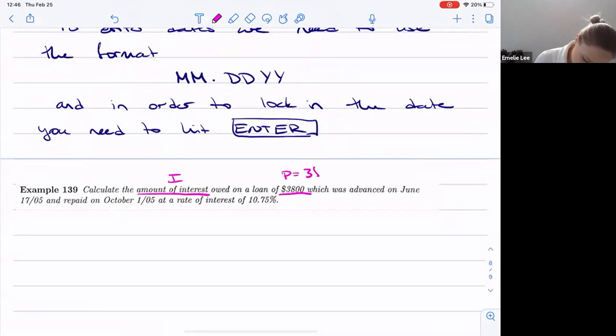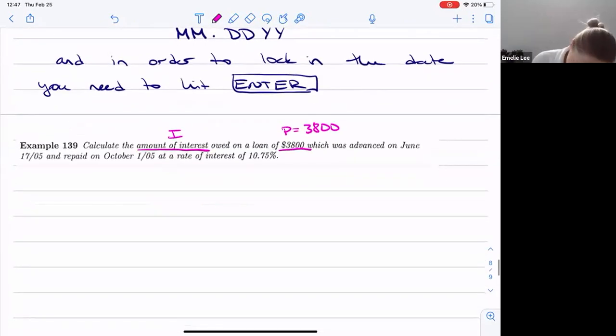So P is 3,800, which was advanced on June 17th, 2005, and repaid on October 1st, 2005, at a rate of interest of 10.75%. So I will say that R is 0.1075, converting it to a decimal right away.